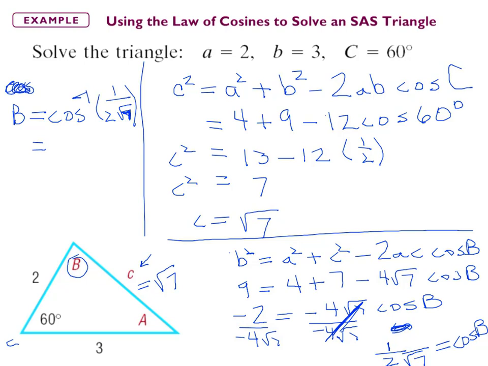Did you write it 1 over 2 times the square root of 7? I got, well, let me get it in degrees. Oh, you got 79.1? Yeah.